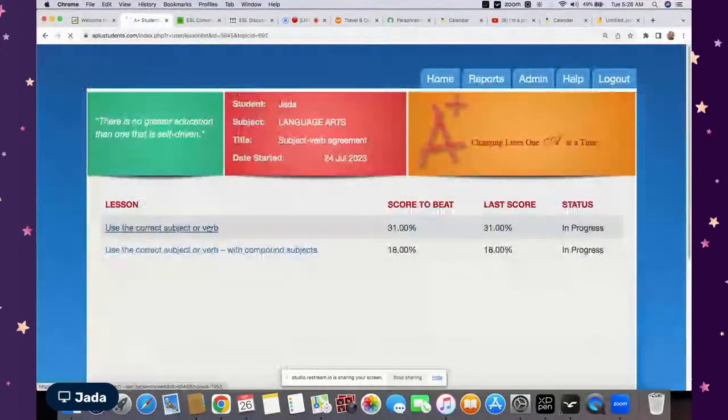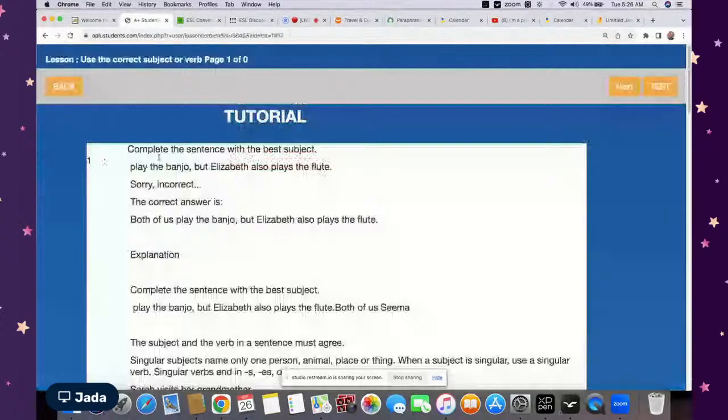So now before we move on to the next lesson, can you guys ask any question? If you have any question for this one that says use the correct subject or the verb, can you please ask your questions if you have any? What are your questions?